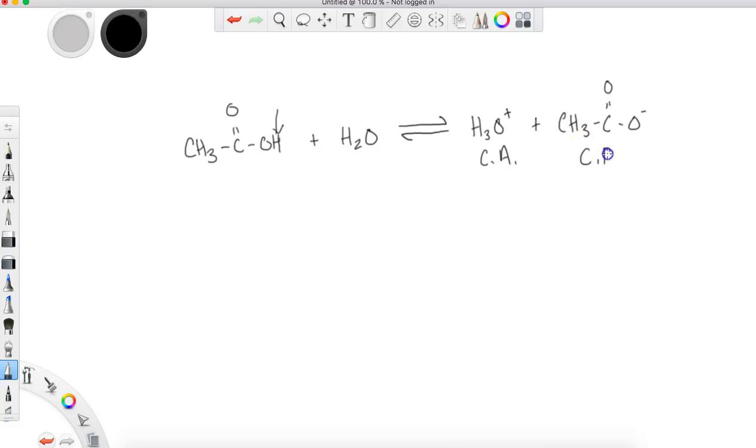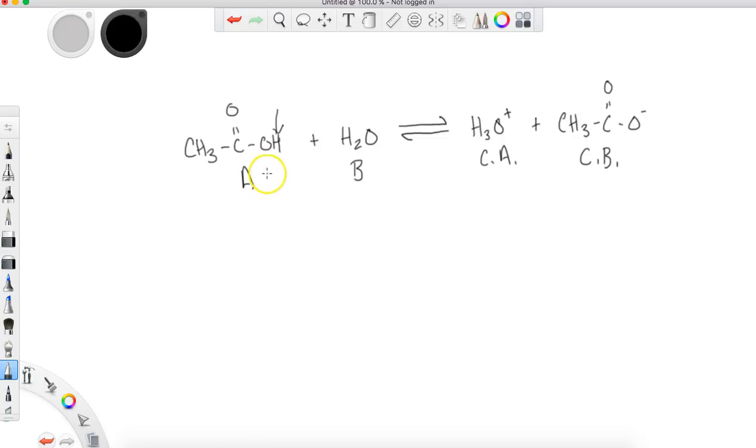This would be the conjugate base. This would be the base, and this would be the acid. So, hopefully you realize acetic acid can be somewhat strong, but it's not incredibly strong. We still use it, whether you put it on French fries or cook with it. You wouldn't dump a bottle of hydrochloric acid into your food and then eat it.